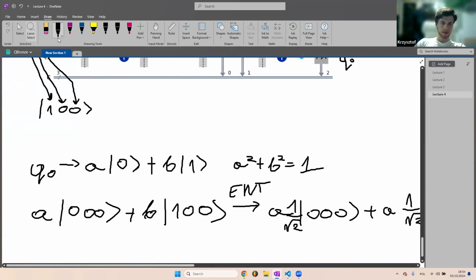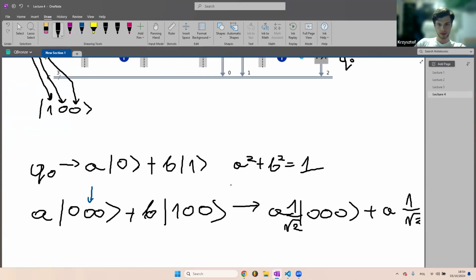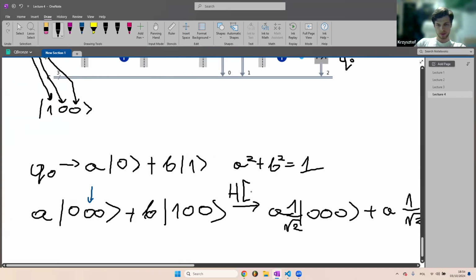So applying a Hadamard gate on the second qubit here, and here is not entanglement, but just a simple Hadamard on the first qubit in the notation of Qiskit.